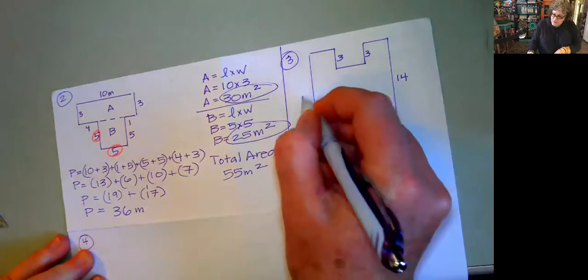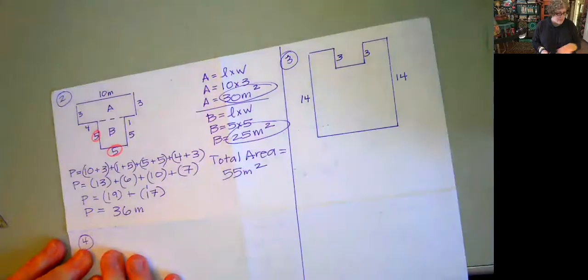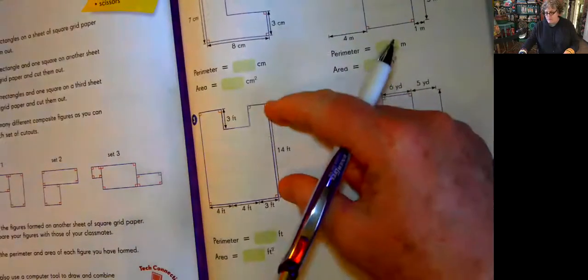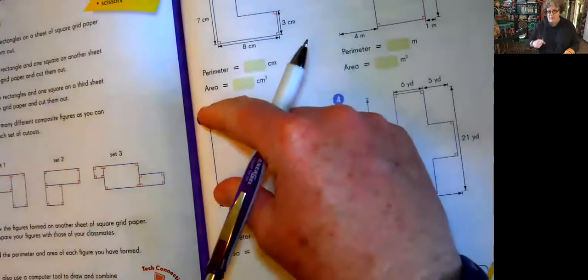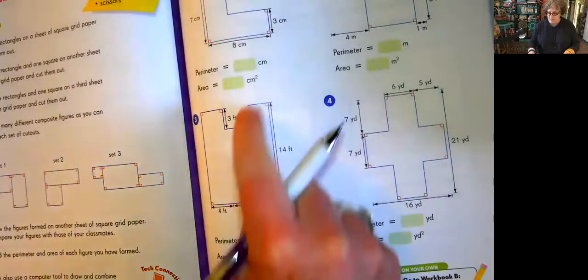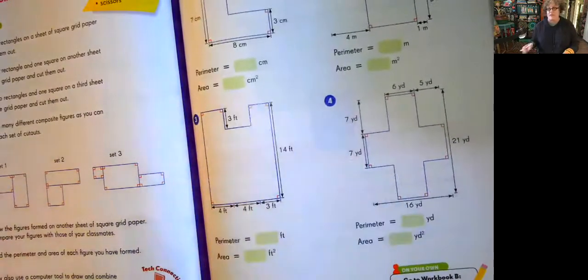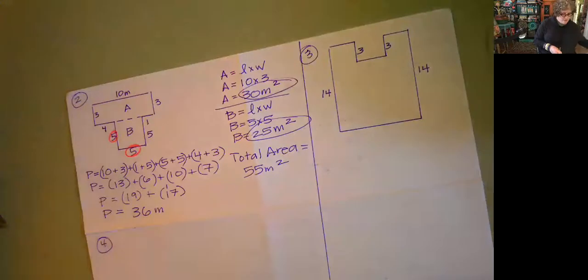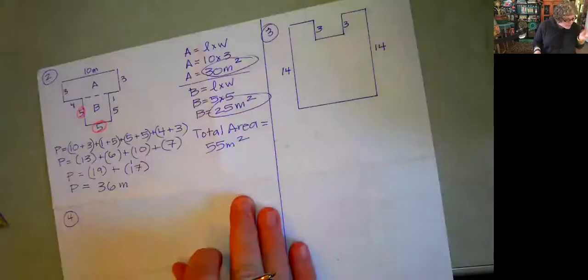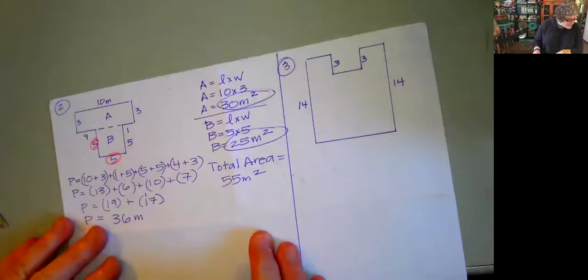So I know that this is 14, right? I can tell by looking, like when you look at the picture, this guy's 14, this guy's 14. And you can see that these end at the same point and these are all right angles, so that's telling you that too. So the bottom is telling me that this is 4.